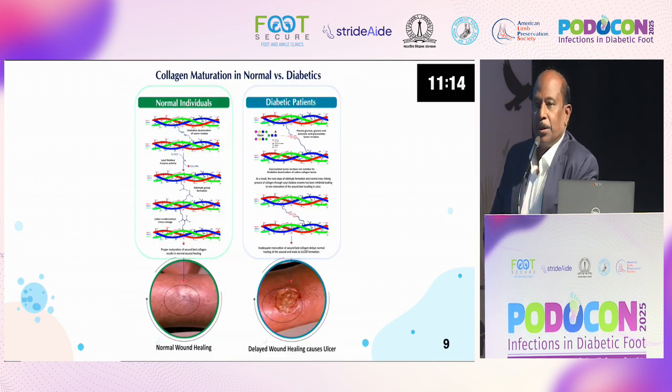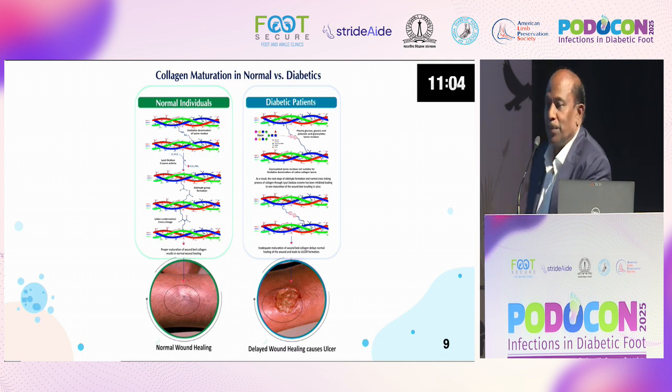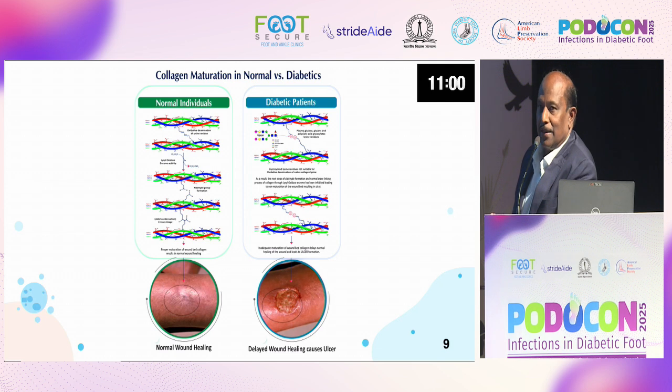This again is to re-emphasize the difference between normal individuals and diabetic patients. We all know the triple helical structure of collagen, right? Collagen has about 3,000 amino acids in one molecule because the surface chemistry has so many functions.